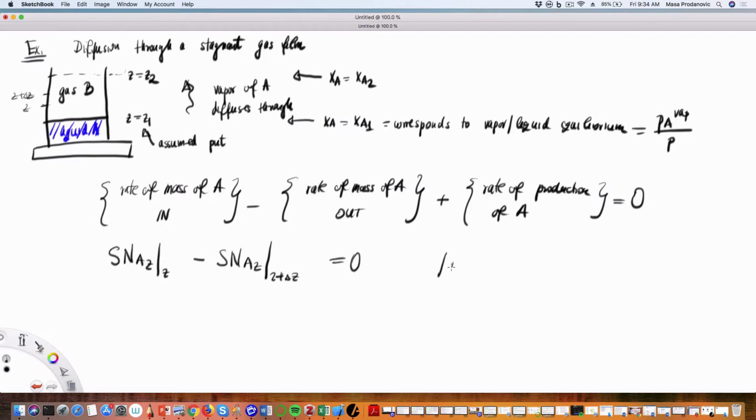So my standard procedure: divide by S and delta Z and take the limit when delta Z goes to 0. So this is going to be minus NAZ at Z plus delta Z, minus NAZ at Z, divided by delta Z, and I take the limit when delta Z goes to 0. I get a simple equation, deceptively simple.